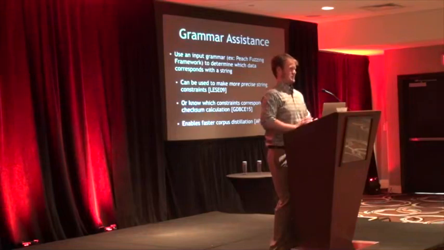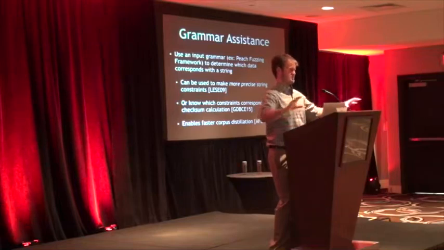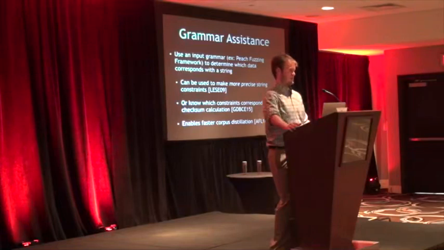So the idea is that you try to get the minimum set of files that achieve the same code coverage as the union of the entire set of files, or test inputs that you have.